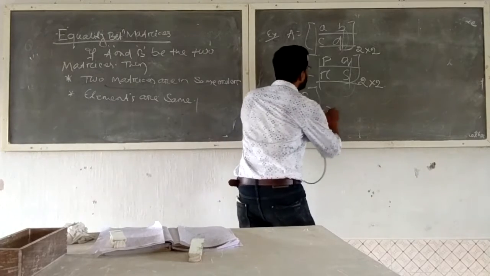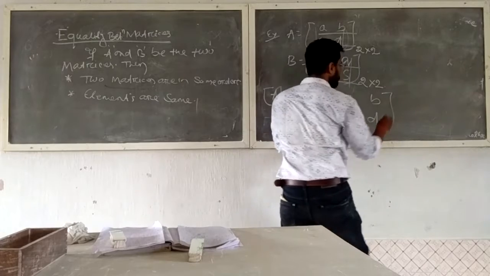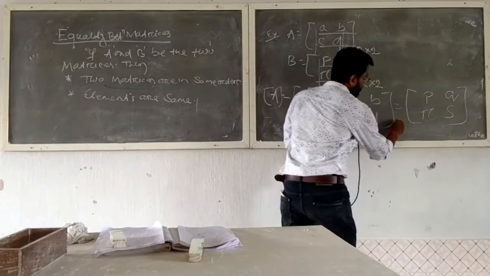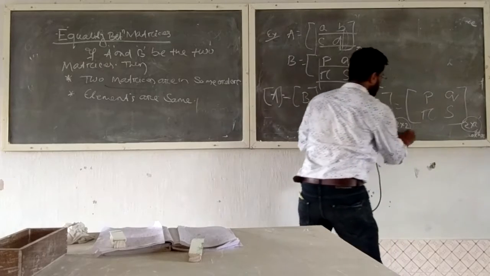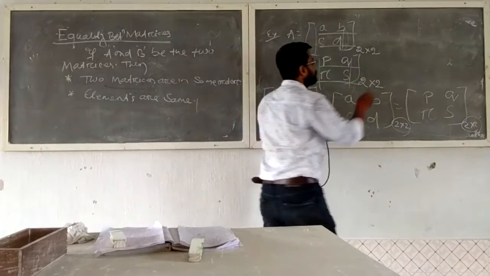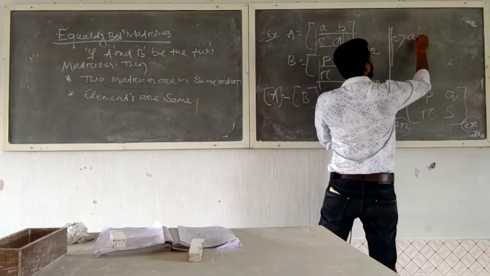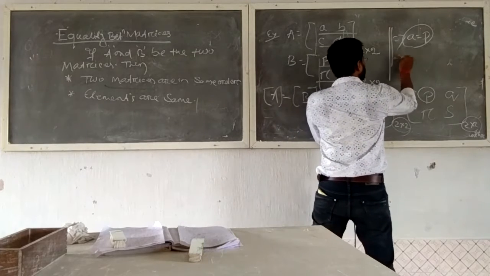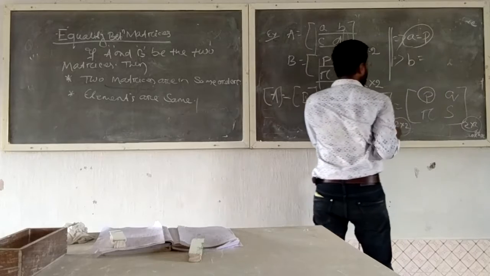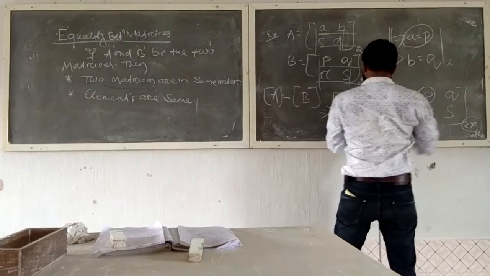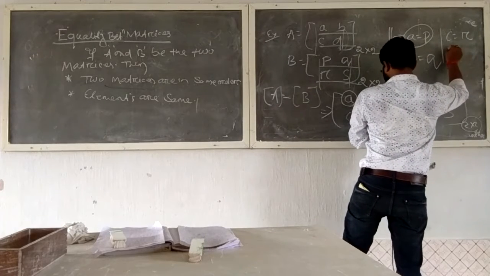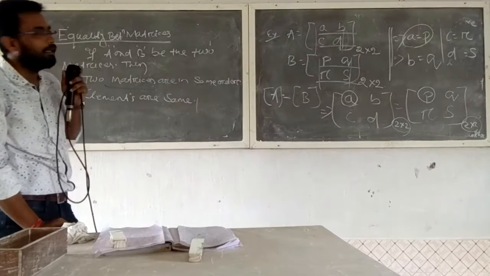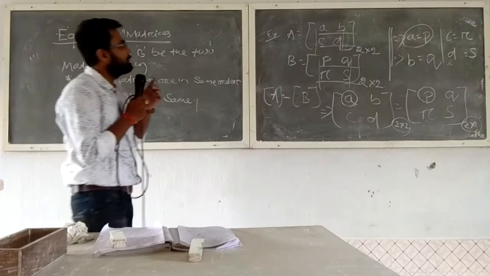That implies A, B, C, D equals P, Q, R, S. That means the order is the same for these two matrices and the elements are also the same. The corresponding elements are the same: A equals P, B equals Q, C equals R and D equals S. The matrices are said to be equal if the elements are the same and the order is also the same.